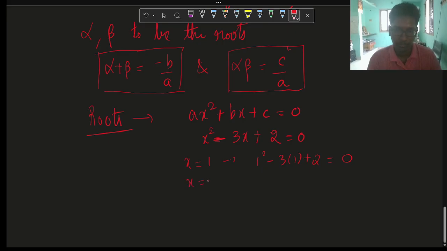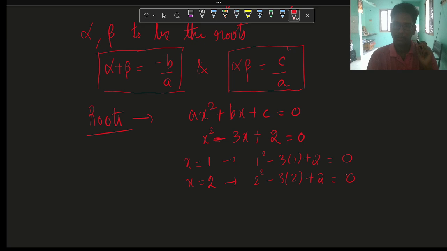And if I put x equal to 2, I would get 2² − 3(2) + 2, which also ends up getting 0. So 1 and 2 here are roots. In such a way, if I put that particular value of x, I would get 0. Yes, this satisfies that.